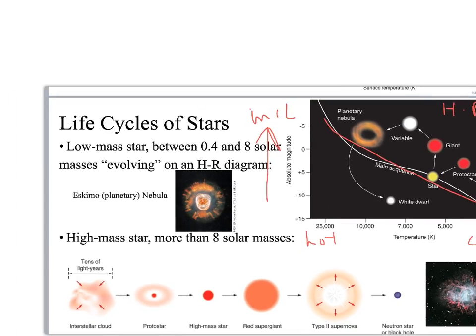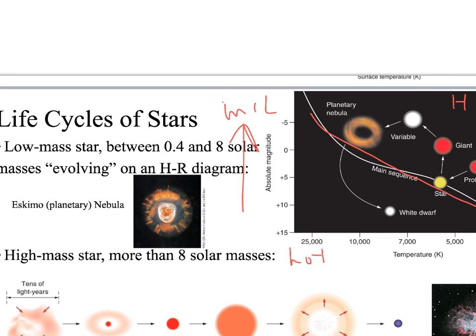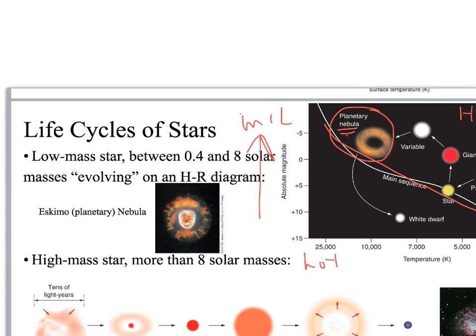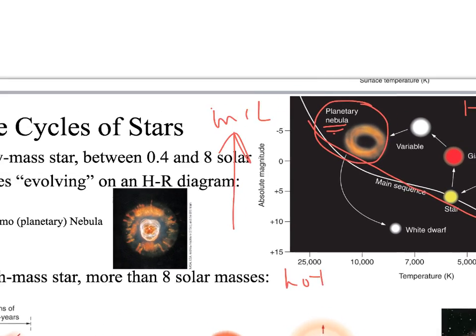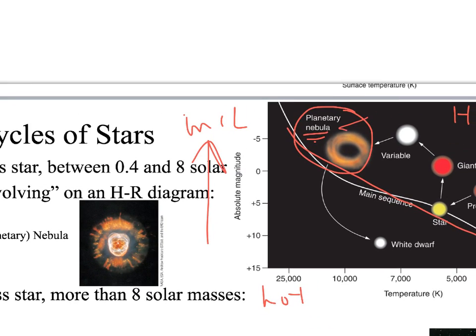Now I do have a question, there will be a question about something called planetary nebula. And if you're like, I've heard the word nebula before, well, the word nebula we actually brought up when we talked about the formation of our solar system. We called that a solar nebula. All a nebula is, is dust and gas.